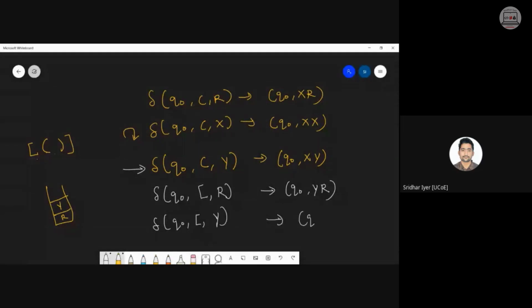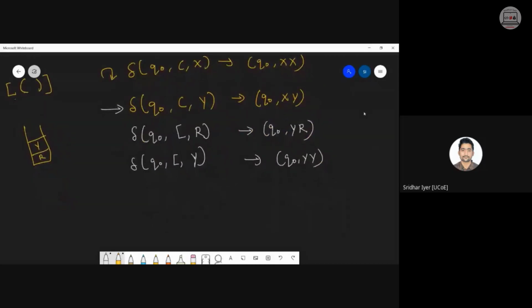This will be Q0 comma yy. And finally, something similar to the third transition above, it would be Q0 comma this on top of x, and that will be again Q0 comma yx. Am I clear?